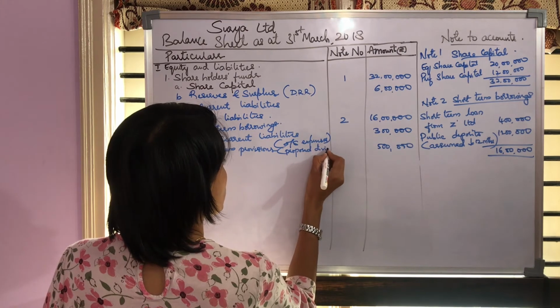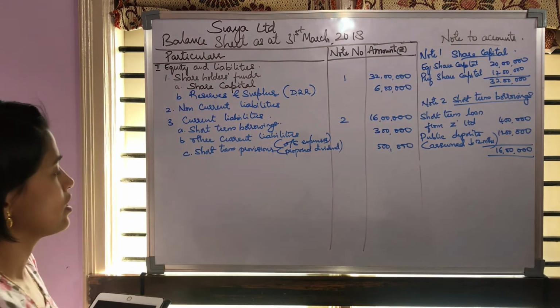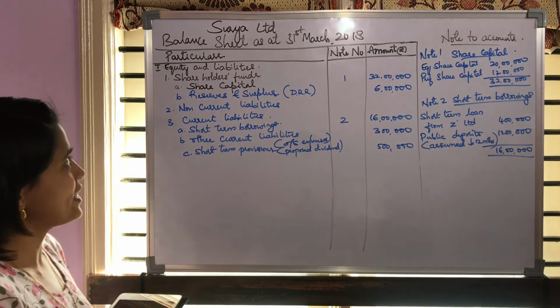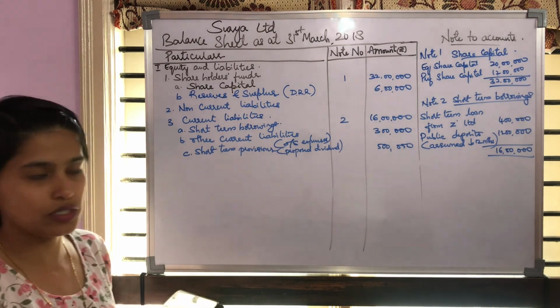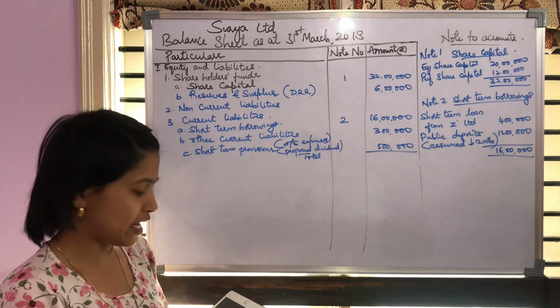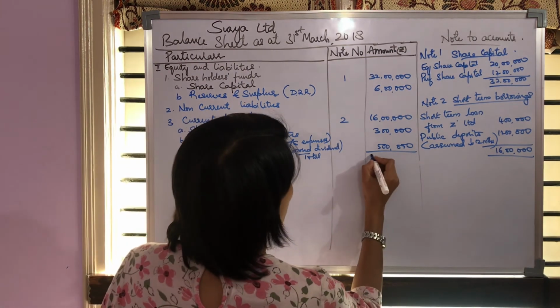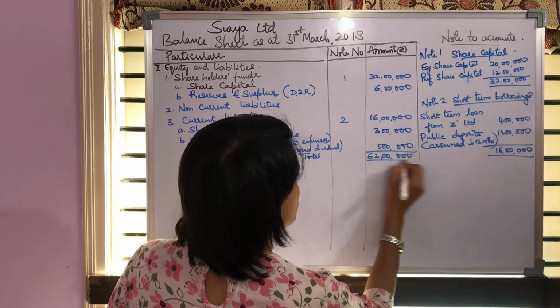Proposed dividend rupees 5 lakh. We complete equity and liabilities. Let's do the total. Starting from 32 lakhs to 5 lakh rupees, the total of equity and liability is 62 lakhs.